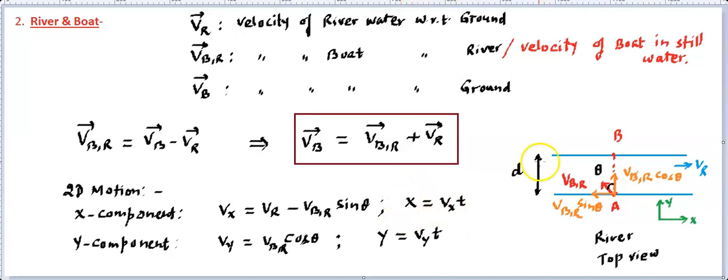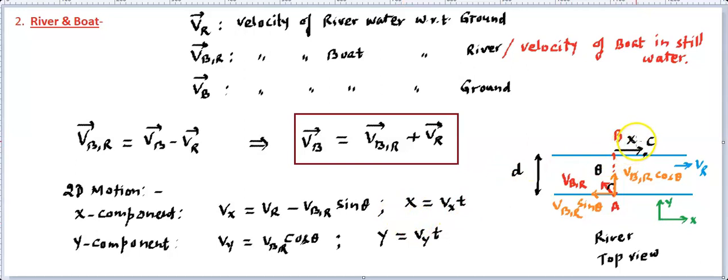That means if the boat finally reaches over here, you may have had this kind of experience: if you target B, you might reach some point C. So if it reaches C, that means this is the displacement in the x direction that has taken place. This x is basically whatever we are writing over here.